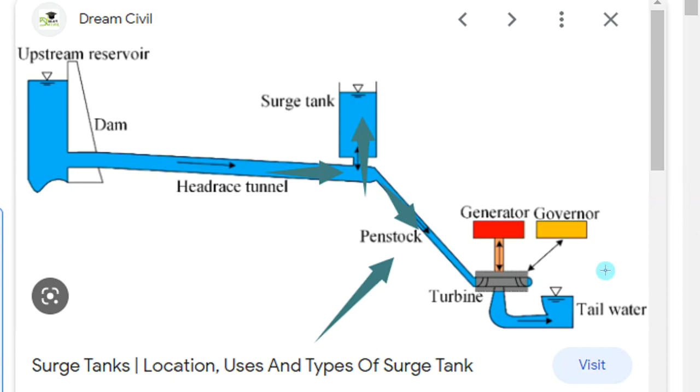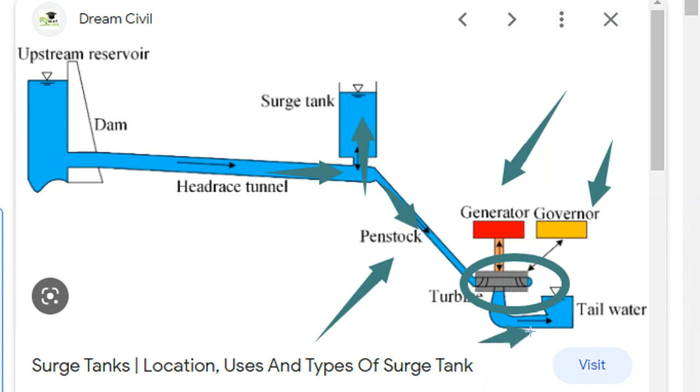And then we have a turbine here, like you can see. After this turbine we have the generator, right? We have the governor, and then at the end the water comes out with the tailwater.